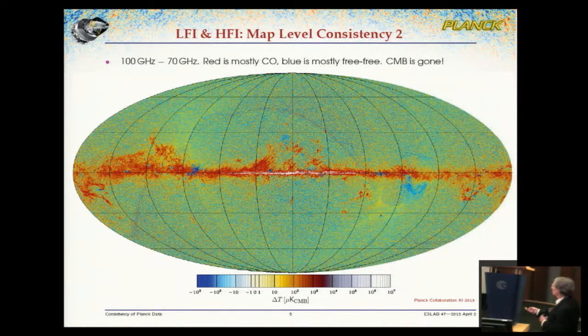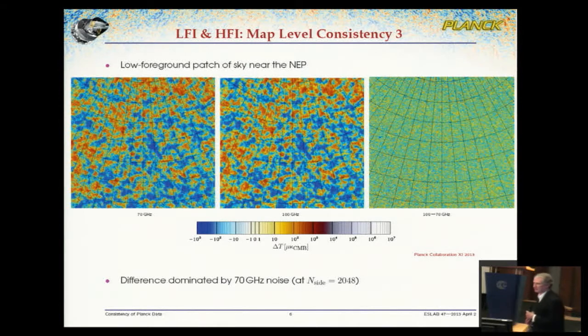The red here in the galactic plane is mostly carbon monoxide. The blue is mostly free-free. But the CMB is gone. It may be a little hard to tell that the CMB is gone. Let's take a blow-up of a small region in the clean part of the northern sky near the north ecliptic pole. Here's 70 gigahertz, here's 100 gigahertz, and here's the difference.